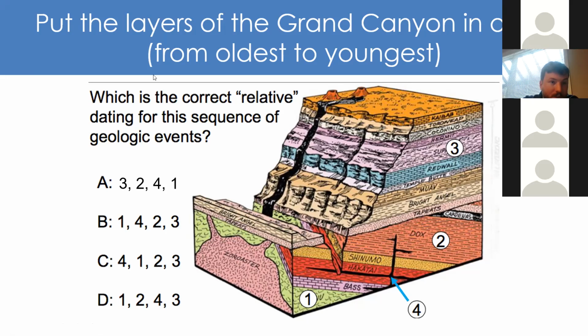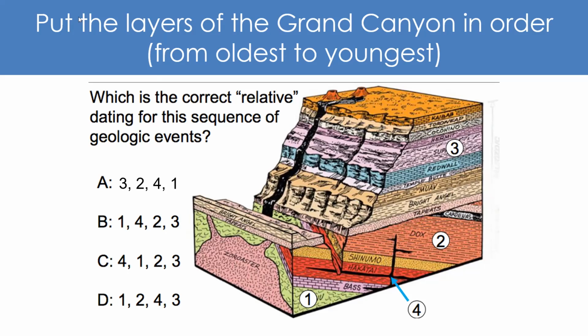Okay, I'm seeing a lot of B. I see a couple of people with D. I see a couple C's. All right, so let's go through this together.